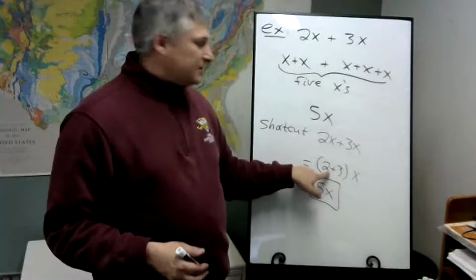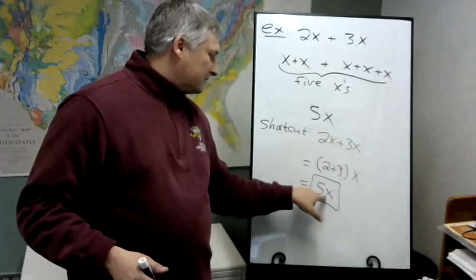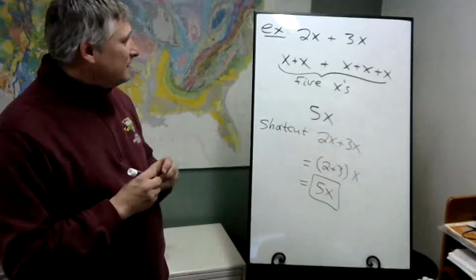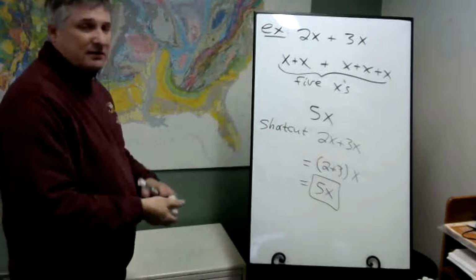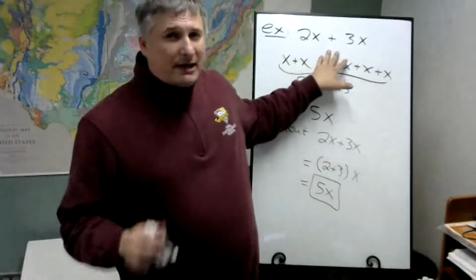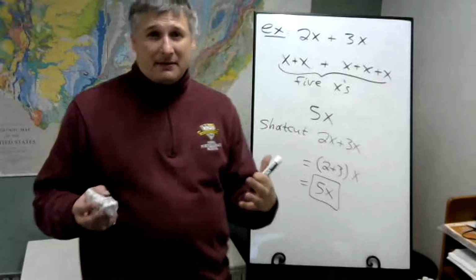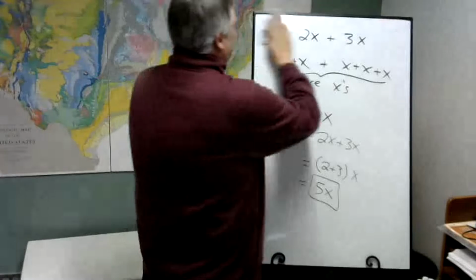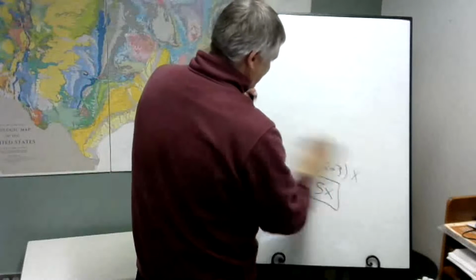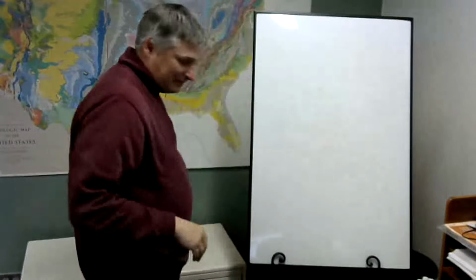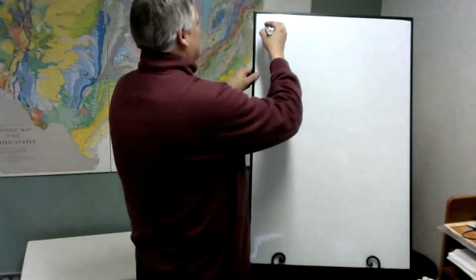You could probably skip this step. Okay, 2x plus 3x is 5x. Now, important thing to note here, I'm only combining like terms. I'm not combining different terms, and I'll talk about that at the end. So let's say we have this.